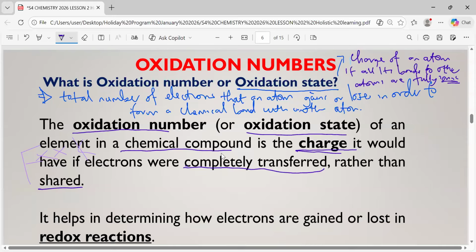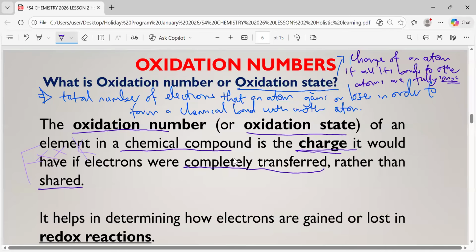And today we are going to expound more on oxidation numbers. By the time we finish this lesson, each one of us should be very versed with oxidation numbers and be able to apply it in any chemical reaction.